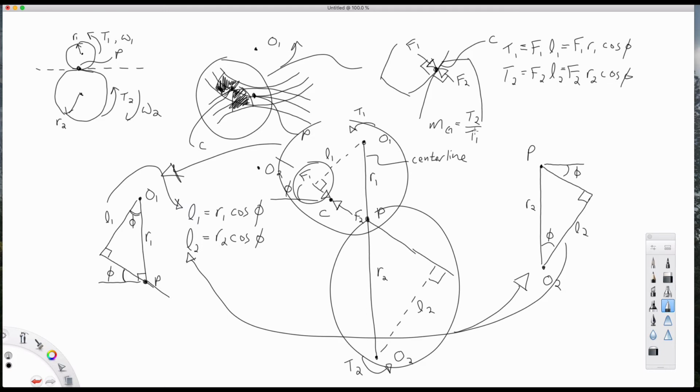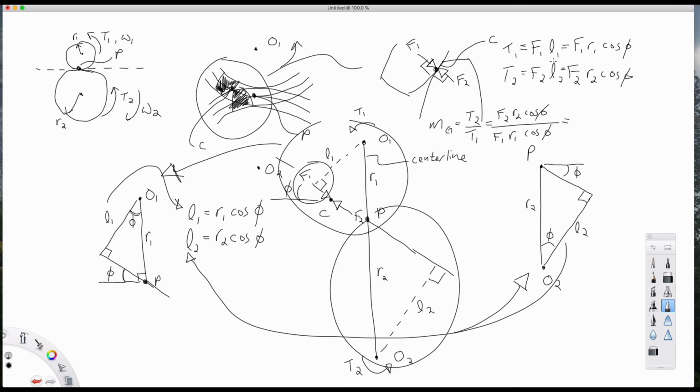Recall that we can take the torque perspective or the force perspective to calculate the speed ratio. Plugging in the quantities from above, this is going to be equal to F2 R2 cosine phi over F1 R1 cosine phi. The cosine terms drop out, and we can also think about these reaction forces.